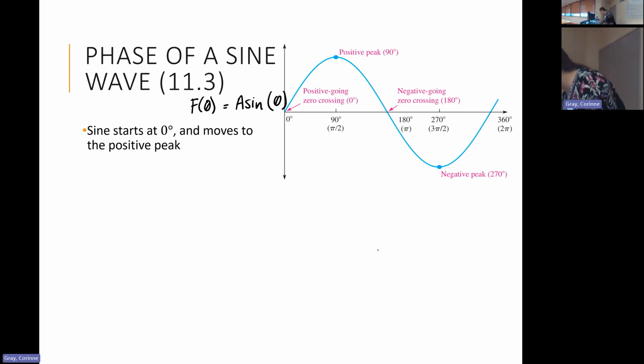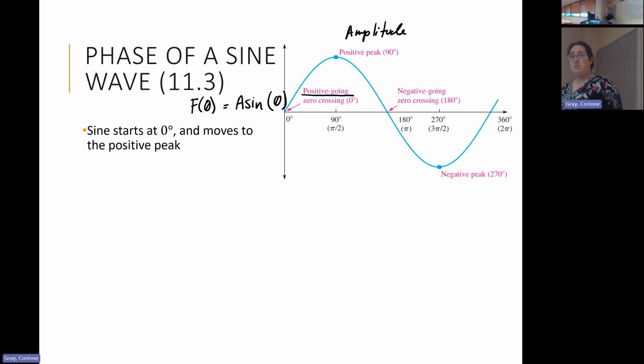That is the terminology to tell us that we're going from 0 to positive 1. That is what positive going means. You have the positive peak, at 90 degrees. That is our amplitude, right? We can call it that as well. This textbook's typically going to refer to it as peak, but in others you might see amplitude.